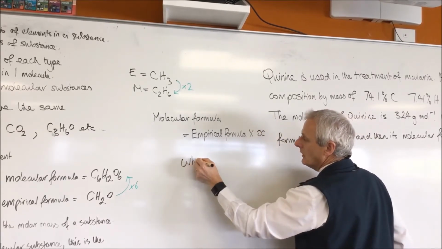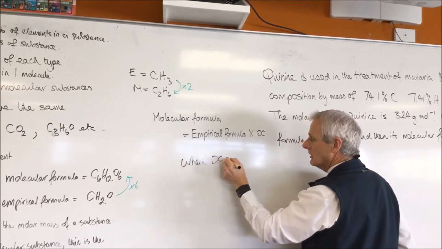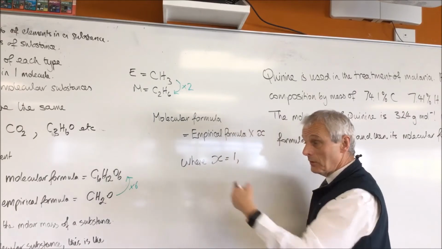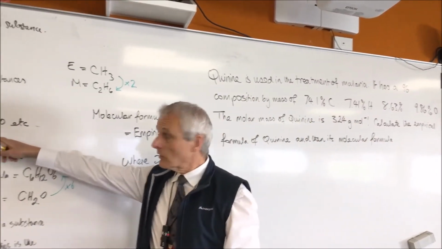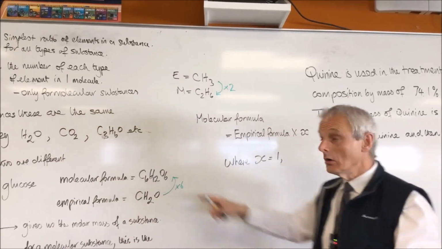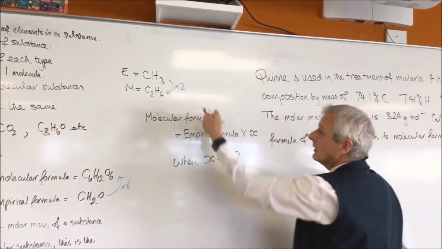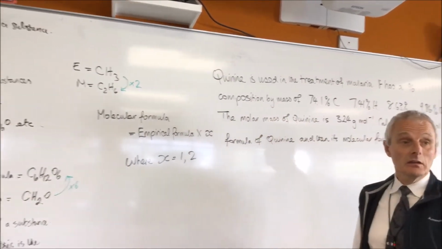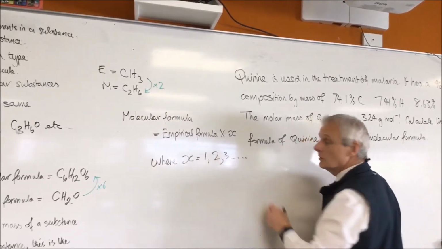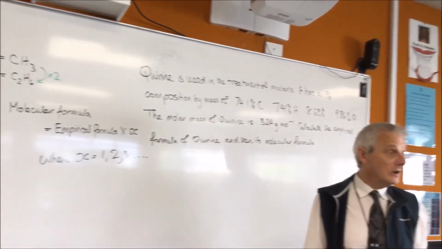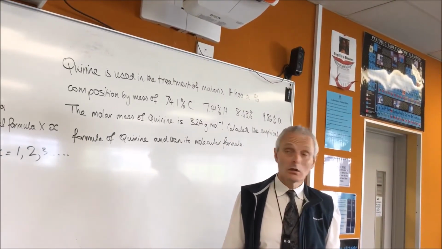And we'll put where x can equal 1. That means that the molecular formula and the empirical formula are the same. Or it can be 2 times, like with ethane. And it can be more than that, so 3 up to many, very large numbers. Okay?